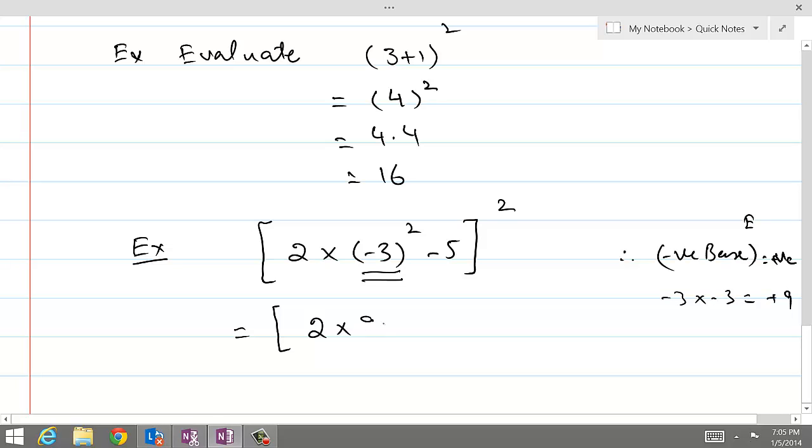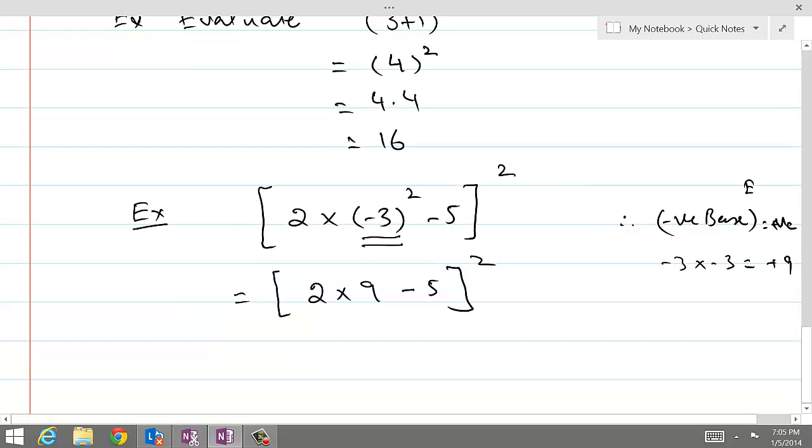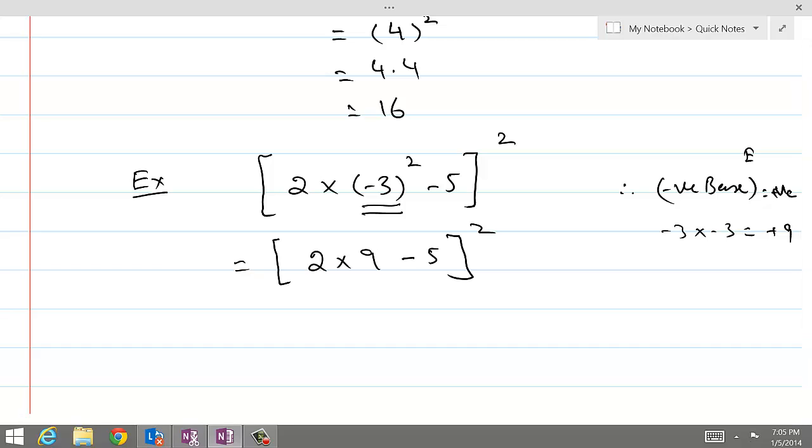So this is 9 minus 5, and because there is another bracket and we have to make all the necessary calculations inside the brackets before we simplify the exponent, we are going to simplify this expression first.